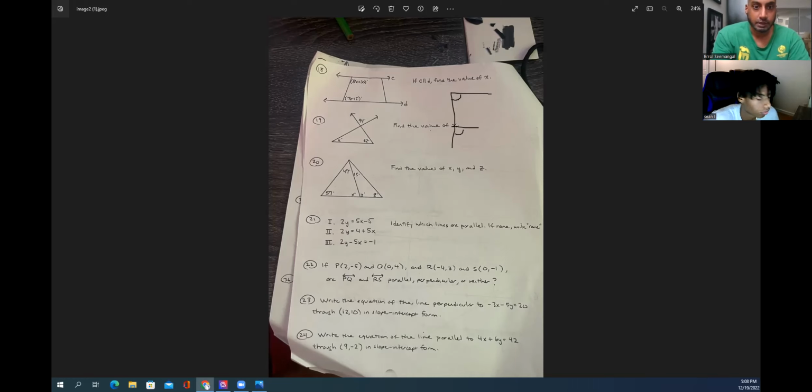Google F pattern, geometry. Okay, yeah. So when you add the two of them together, it has to equal 180.